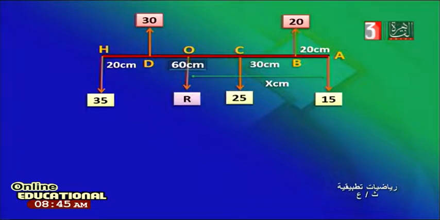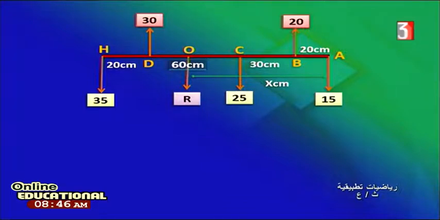What do you deduce? The resultant must be in the direction of the biggest force, downward. What is R? R equals the sum of the down forces, 35 plus 25 plus 15, minus 50.